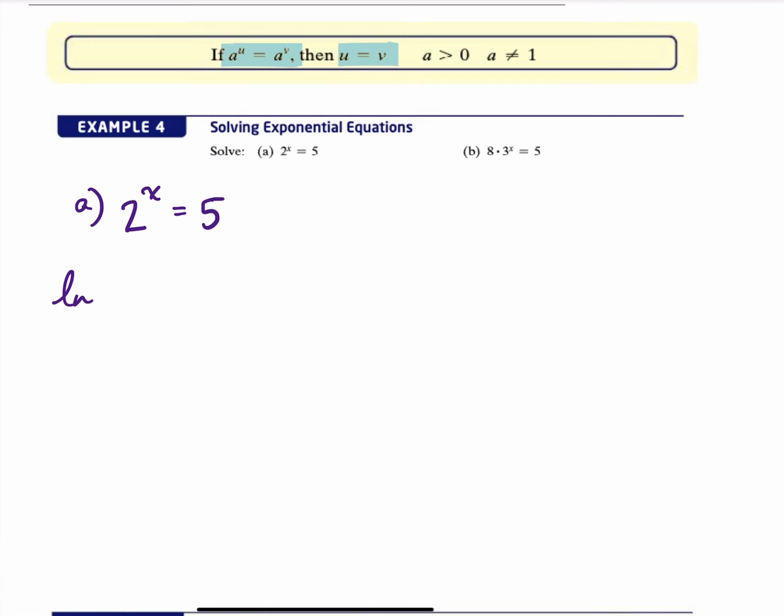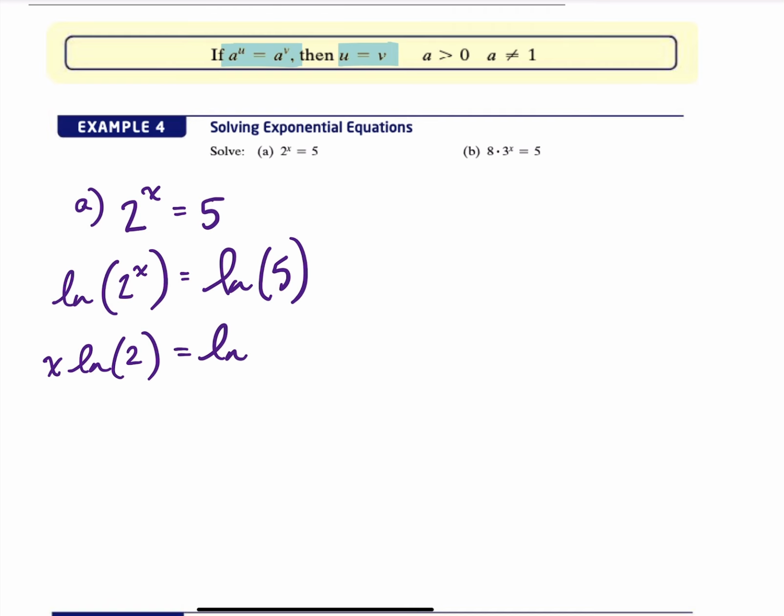So I can take the natural log of 2 raised to the power x equals the natural log of 5. I can use that exponent rule and bring the x out in front. So I can say x times the natural log of 2 equals natural log of 5. So at this point, these are just some numbers. It looks complicated, but it's just ultimately 2 values.